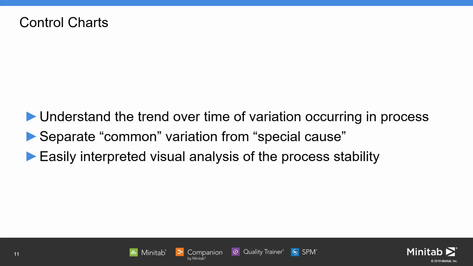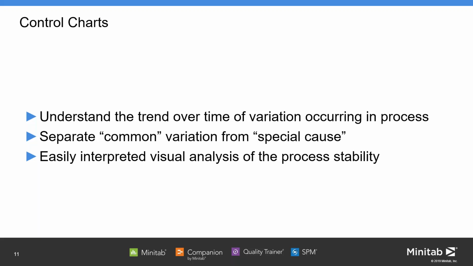Let's look at control charts. Control charts' objectives are completely different. With a control chart, we're trying to understand the trend over time of the variation that's occurring in our process. We want to be able to separate the common variation, the variation we expect to see in our process, from the special cause variation.